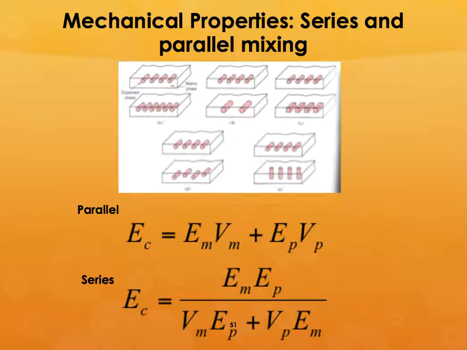And if you have series, it's a slightly more complicated equation. The series mixing equation is a little bit more conservative type of equation. You don't get the same type of properties in the case of the composite as in the case of the parallel mixing equations.